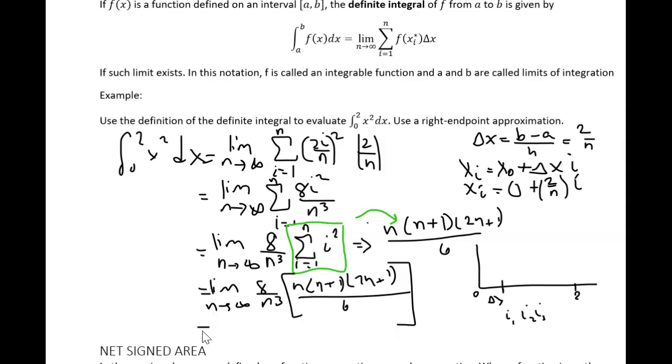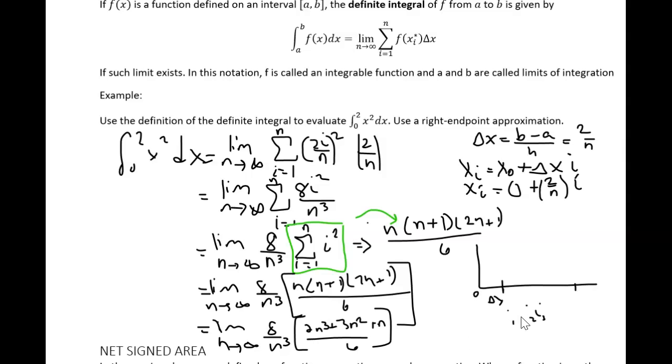So here we have the limit as n approaches infinity, and I'm going to leave the 8 over n cubed for my simplification, and then this expression is now 2n cubed plus 3n squared plus n all over 6, and it needs to be simplified.